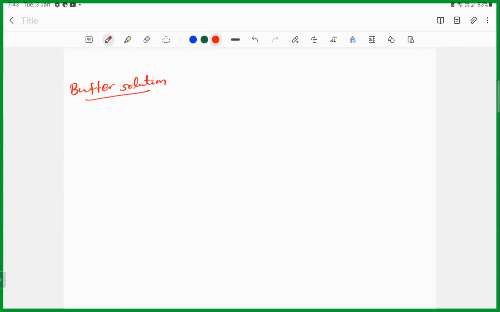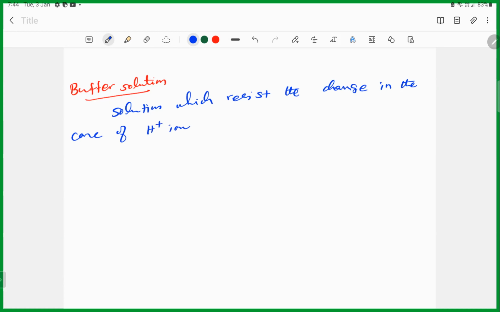So, the solution which resists the change in the concentration of H plus ion on the addition of a small amount of acid or base is known as buffer solution.